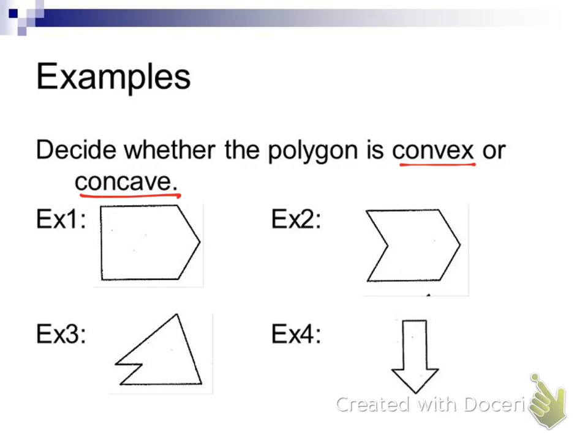Remember, if any of your vertices are pointing in, then it's concave. Or if the figure could like collapse in upon itself, concave. If not, it's convex.